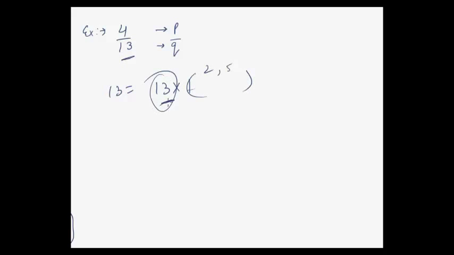Let us have an example, say 4 by 13. So here p is 4 and q is 13. Clearly 13 is equal to 13 into 1, that is, the prime factorization doesn't involve 2 and 5 only. 13 is another prime factor involved in the prime factorization of the denominator.